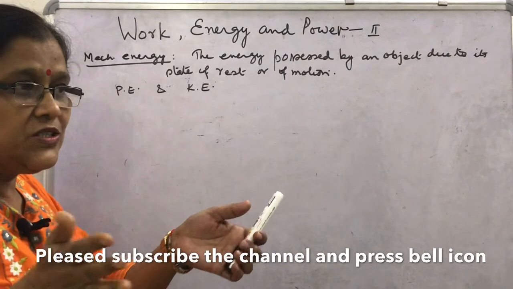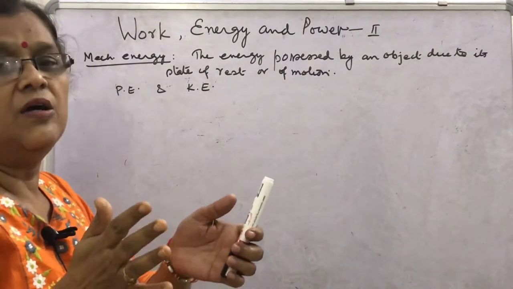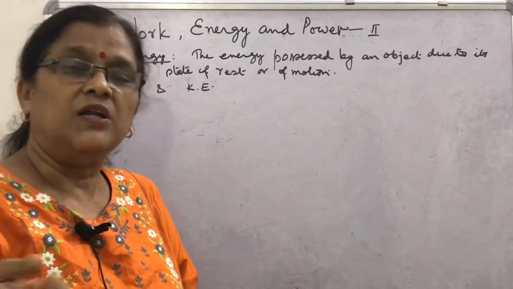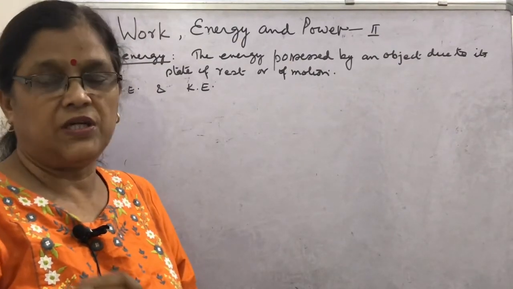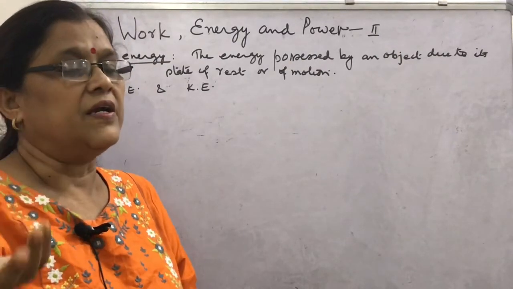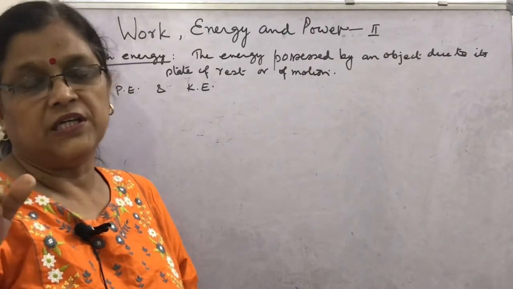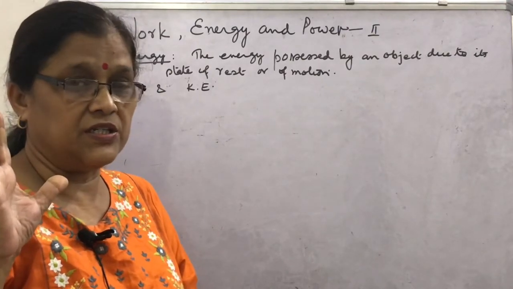When its shape or size is changed, the energy acquired is called potential energy. How will you define potential energy? The energy possessed by an object at rest in its changed position or change in size and shape. This is called potential energy.